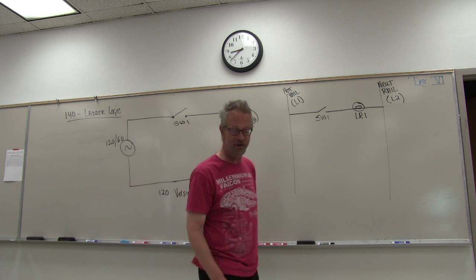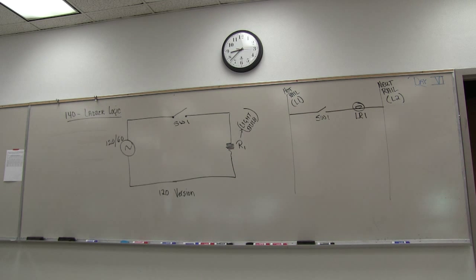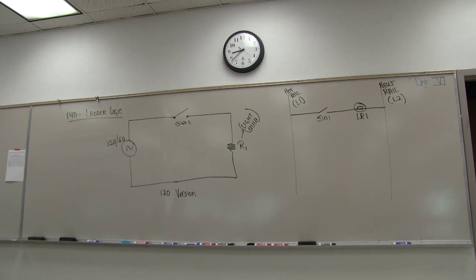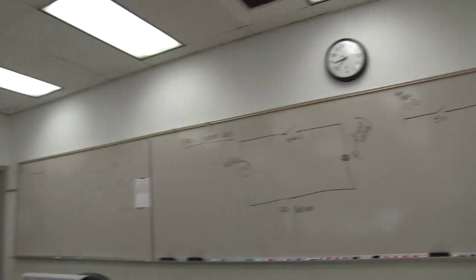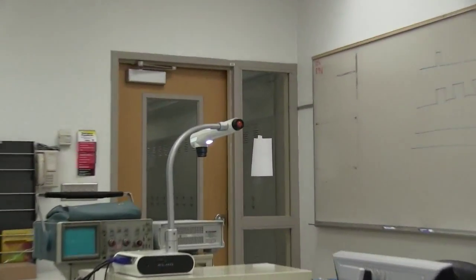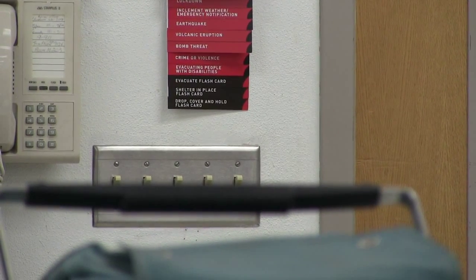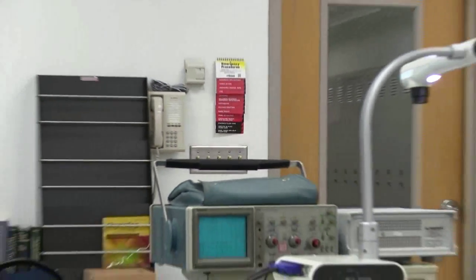Okay? Now, when we look at this over here, when we look at our lights, what we have is a row of 5 switches. Do you see the row of 5 switches over there? Here, let me turn the camera so that even the people playing the home version can see what I'm talking about. I'll just turn this around right over there, and we'll zoom in on the 5 switches that are just underneath that oscilloscope handle. Those are the 5 switches that we're going to talk about.